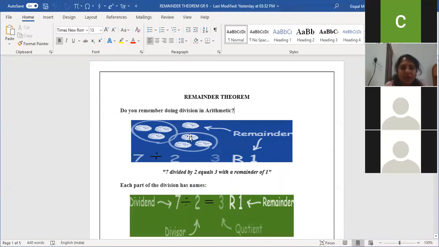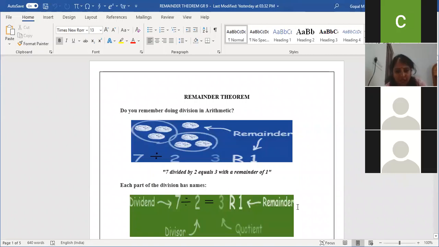Here you might have observed one picture I just pasted. If I divide 7 by 2, the quotient is 3, and you get remainder 1.